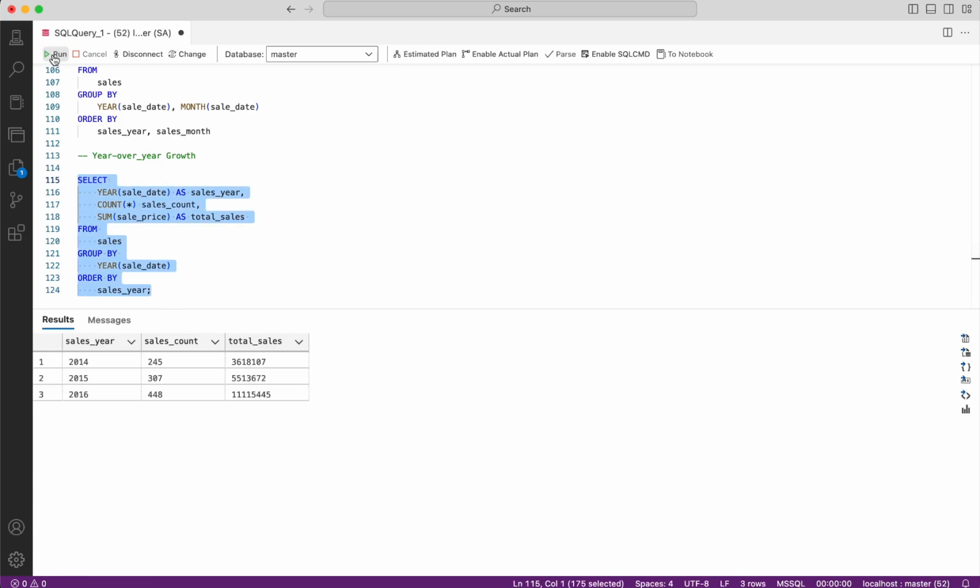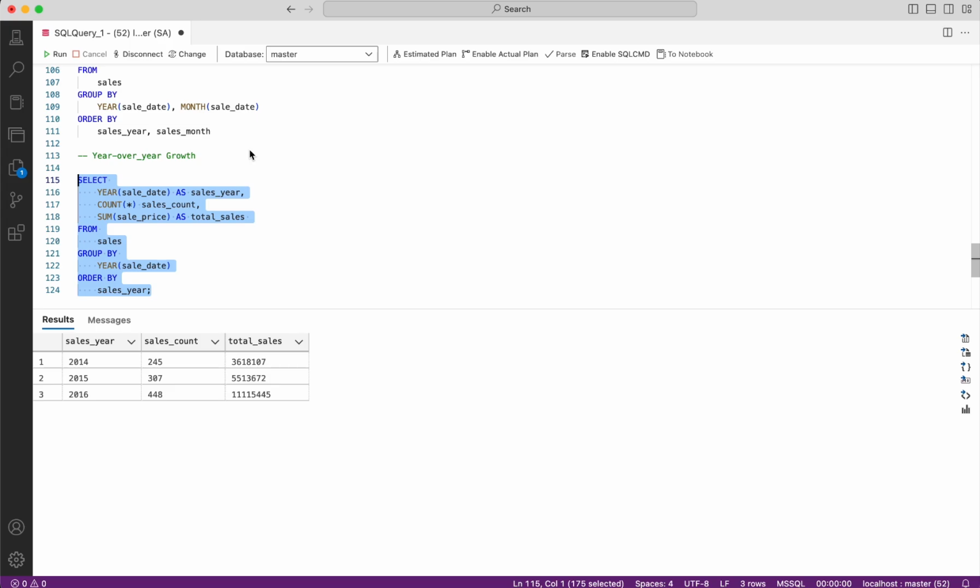Beautiful. So this is a lot more helpful. The other one, if you want to look specifically per month, but if we want to see, hey, per year, what are we looking at? We can see in terms of year over year growth, in 2014, we had 245 sales totaling around $3.6 million.